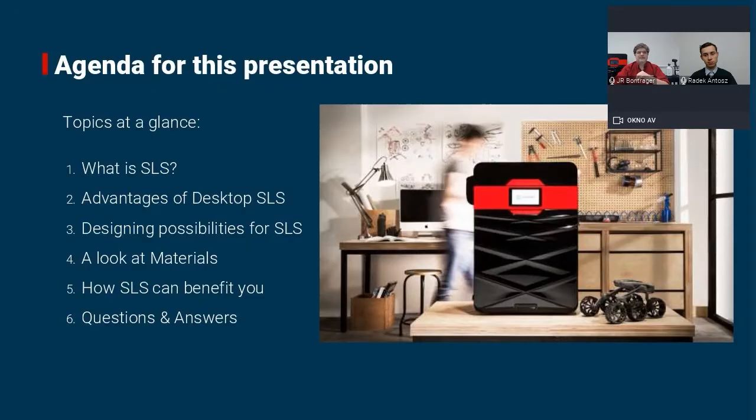So what's going to be happening today is we're going to talk a little bit about SLS. We're going to talk about what the process of the 3D printing is. We're going to talk about the advantages of it and why it's better in desktop form as opposed to large industrial. And then we'll be talking about the design possibilities in SLS, because it's a little bit different than something you may have encountered with SLA or standard FDM, FFF design possibilities.